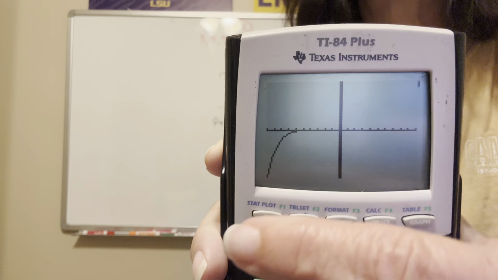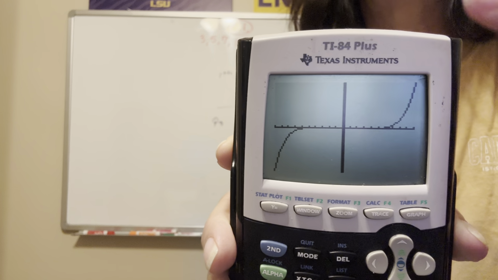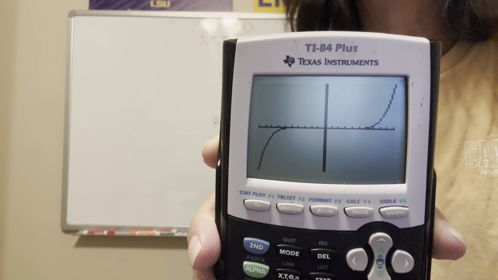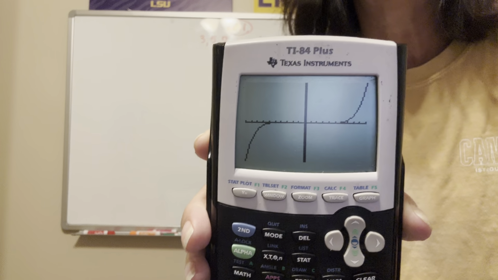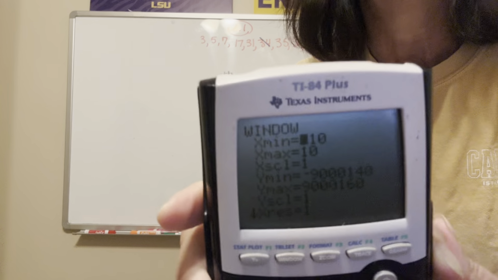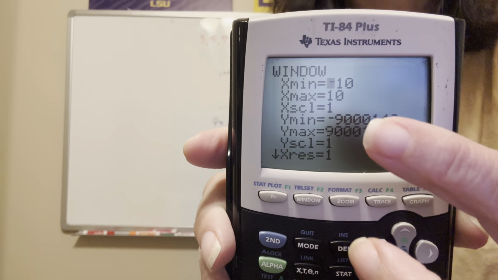Okay, now I see it starting in quadrant 3, and I see it ending. But I can't see the wiggles in the middle. So I'm going to make my y smaller in my window, since the y's are too big. My x min, x max is fine.